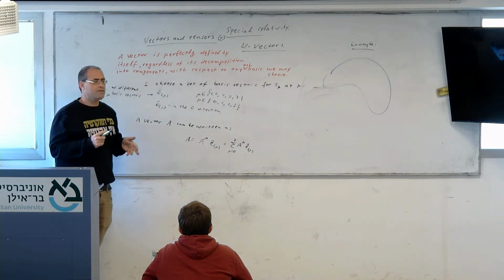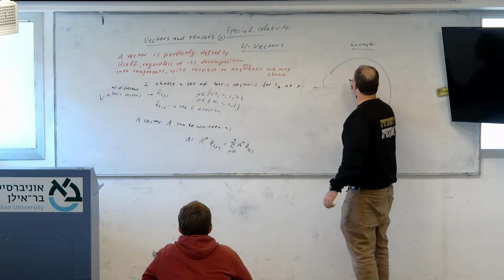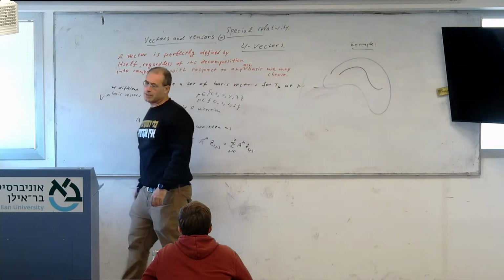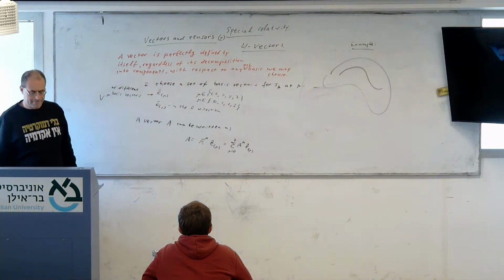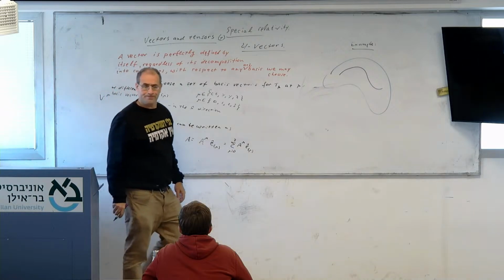One thing, for example, is I can take a hike along that. I like to hike, so I can set a path along this space. That's allowed. And then I can specify some parameter along the path.